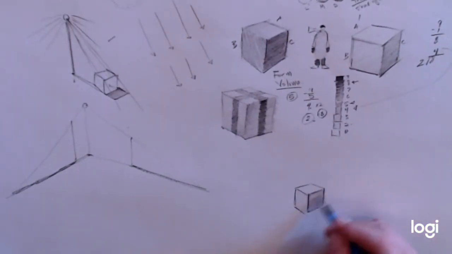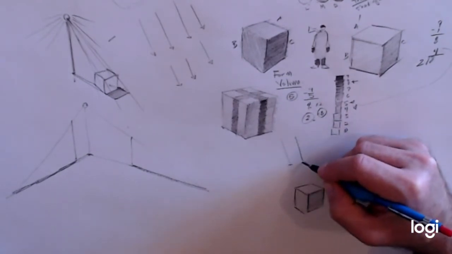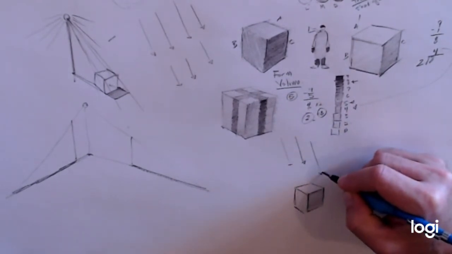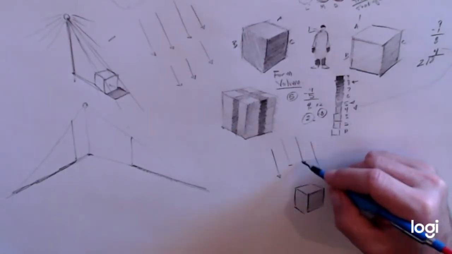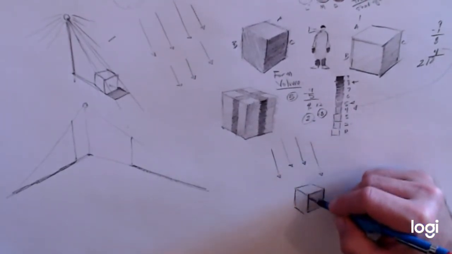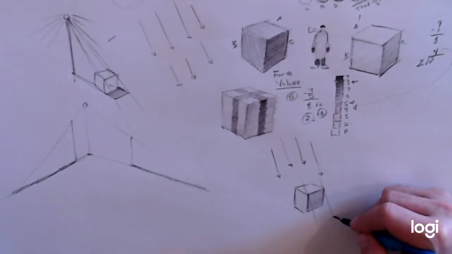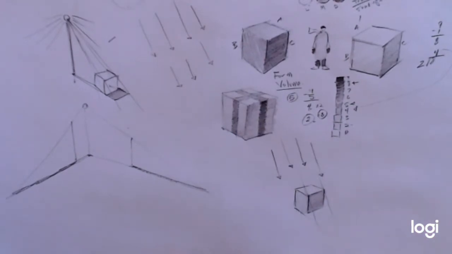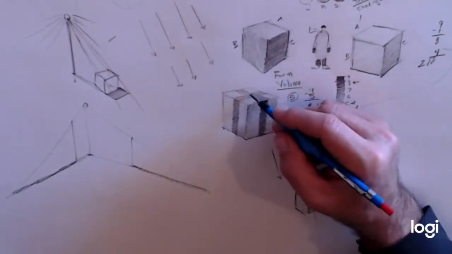And this shading example here represents light coming in this direction. And so what we can do is take that direction and cast a shadow through here. And then we find the light source and drop a point.